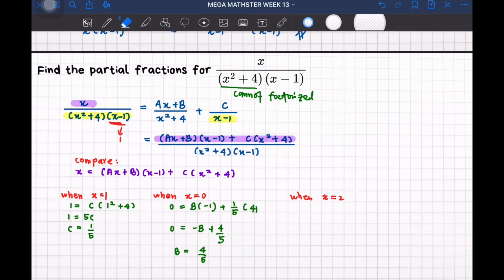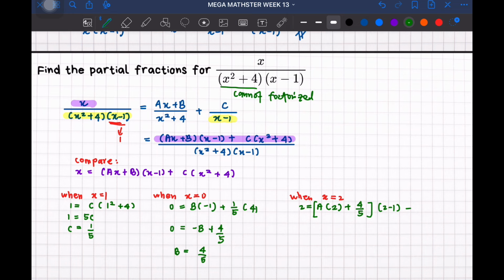Right, and then for the last value, x equal to 2, substitute x equal to 2 and also substitute the values of c and b that you have found. So we have 2 is equal to a times 2 plus b, b is 4 over 5, times x minus 1, so 2 minus 1.